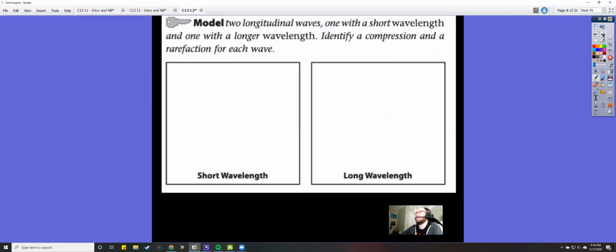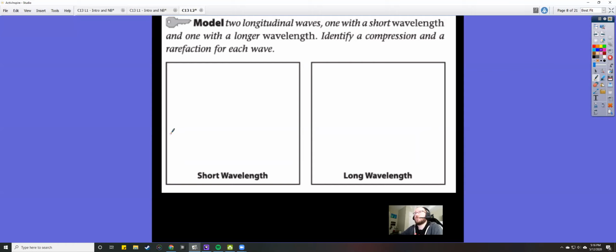So how about longitudinal waves? This one's a little bit tougher, but if you measure wavelengths for longitudinal waves, for compression waves, you measure from the same spot of the compression or the same spot of the rarefaction. That makes sense because in transverse waves you measure from the same spot of the crest to the same spot of the next crest.